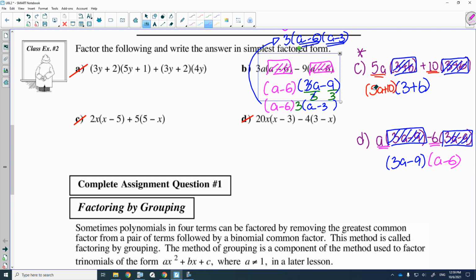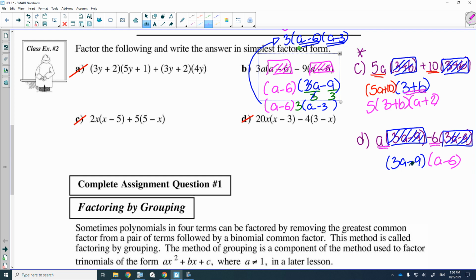So she said 3 plus b, so she just wrote that first, and then she wrote a plus 2. Because here you could take out a 5, right? So take out the 5, and when you divide out a 5, you'd be left with a plus 2, and there's that 3 plus b.